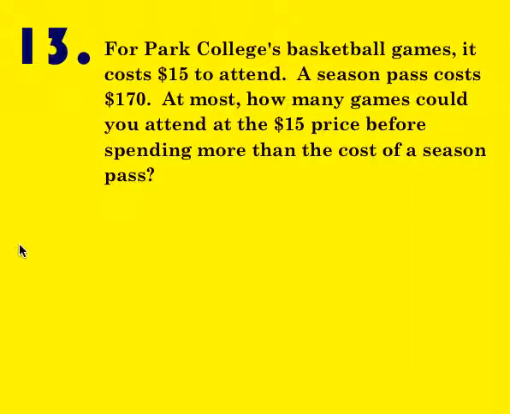Okay, real quick. Park College basketball games. It costs 15 bucks to attend. A season pass costs 170 bucks at most. So here's a good one. X is equal to the number of games. So this one's pretty straightforward. It's 15 bucks for each game. But a season pass costs 170.